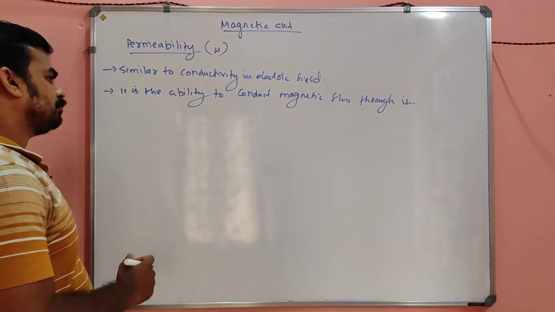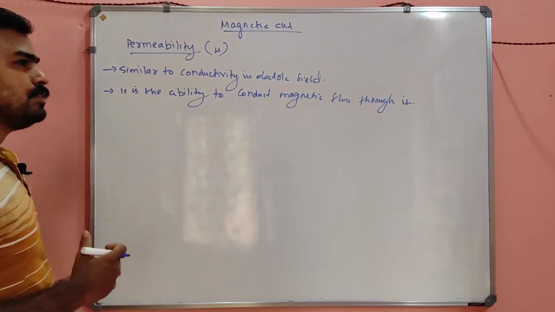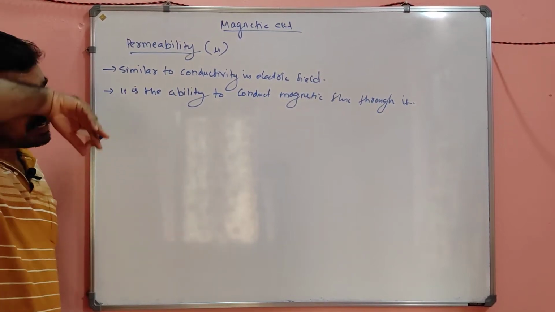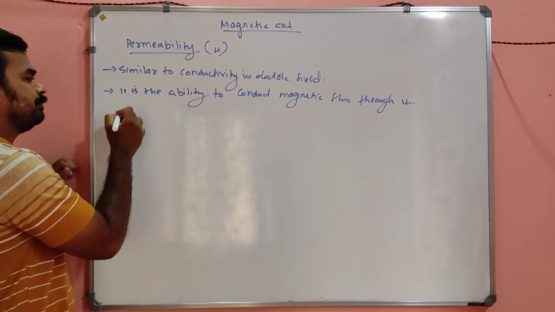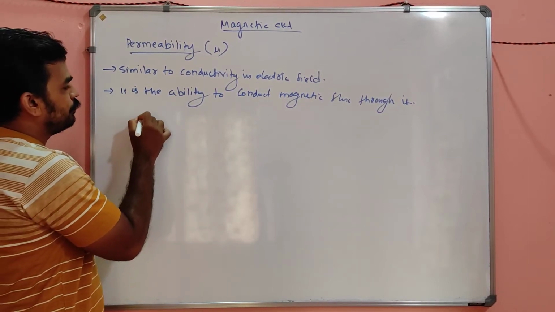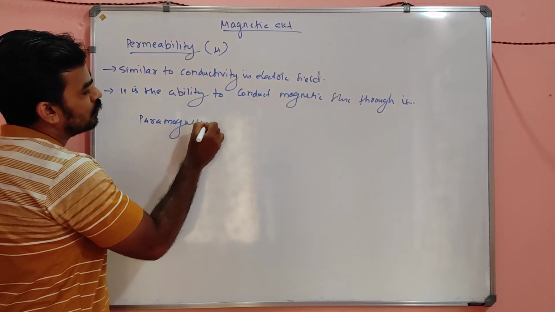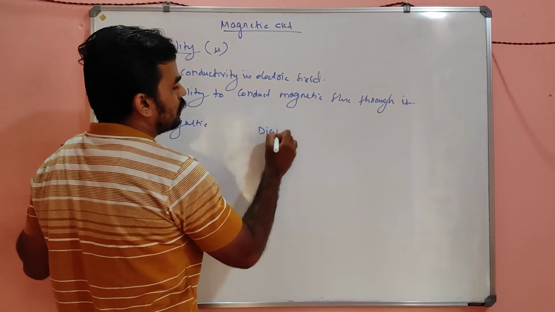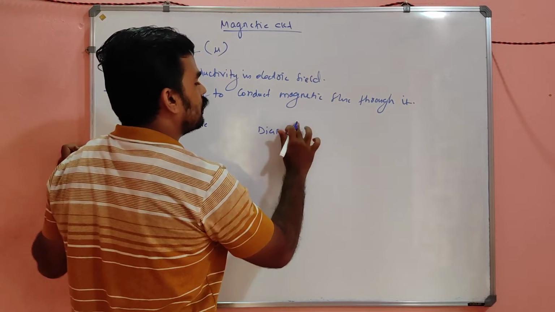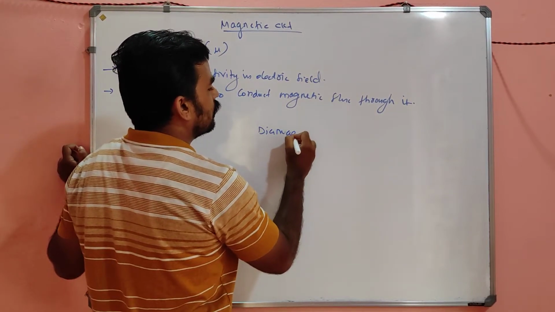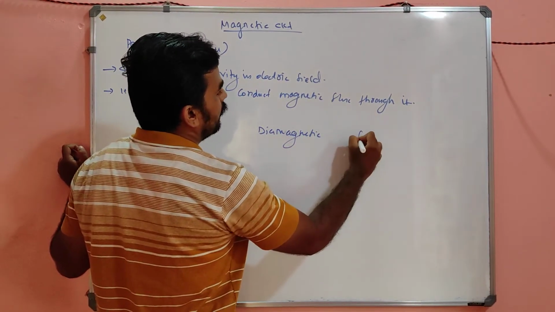According to the permeability, materials are again classified: paramagnetic, diamagnetic, and ferromagnetic.